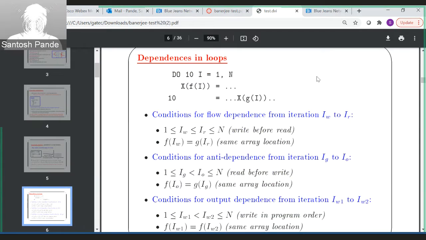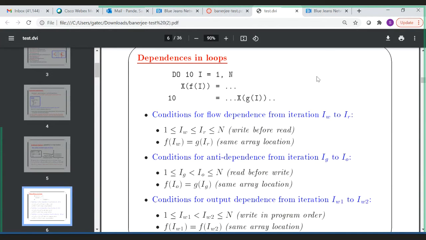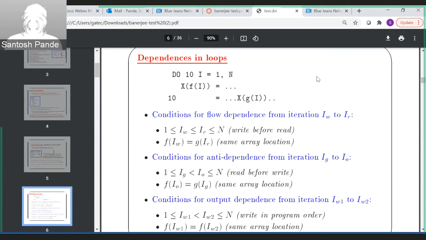A simple value of f of I could be 2i plus 1, for example. It could even be I square plus 5, which will be a nonlinear function. Typically, all these functions are linear functions of the form I plus 3 kind of thing. Now you have another function which is mapping the loop index variable to the array index using g of I. So that's a read.